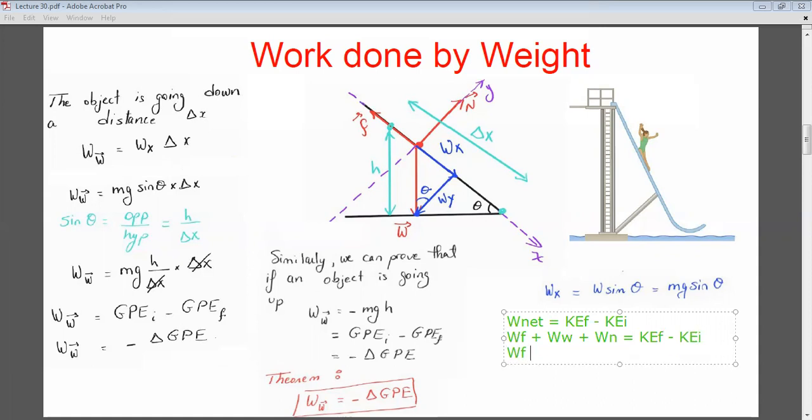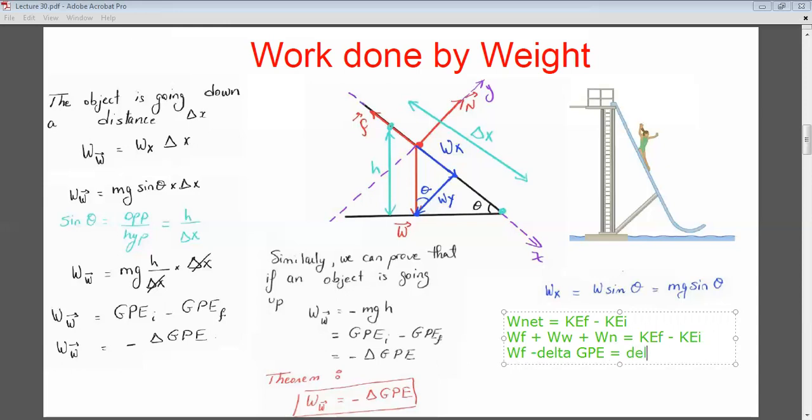What's work done by weight? Now I know the formula. It's minus delta GPE. Work done by normal is 0 because the x component of the normal is 0.